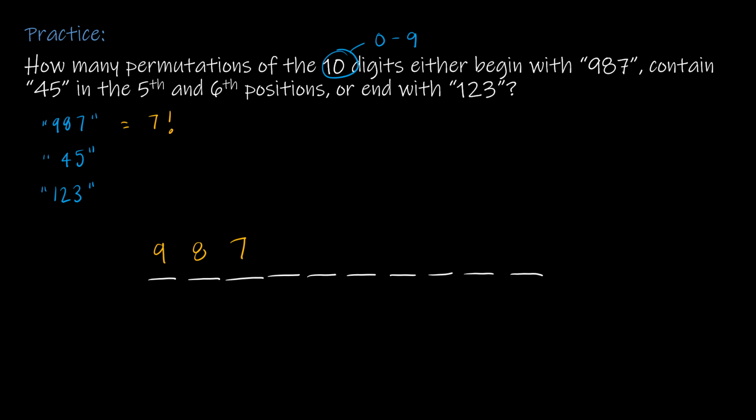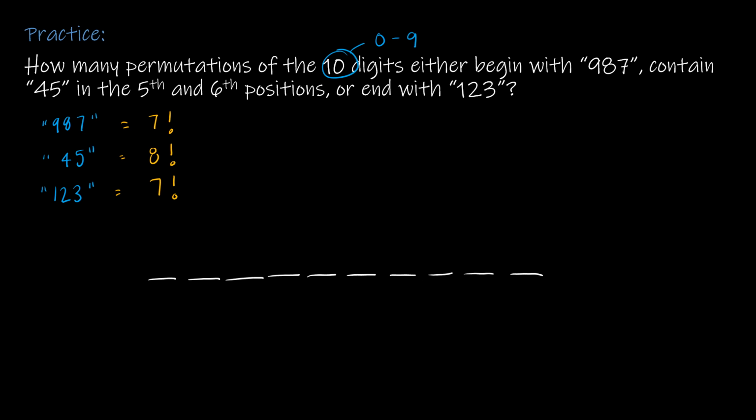For 4, 5 in the 5th and 6th positions, there are 2 spaces that are reserved, and the rest, or 8 factorial, are left to permutate all of the other digits that I haven't yet used. Same thing for 1, 2, 3. It ends in 1, 2, 3, which means there are 7 left and 7 digits. So that would be my sets A, B, and C.